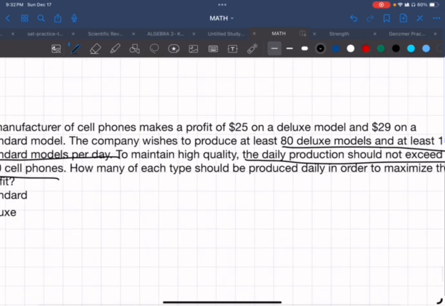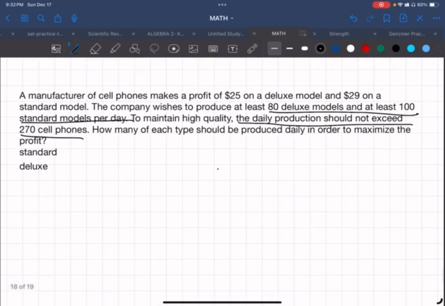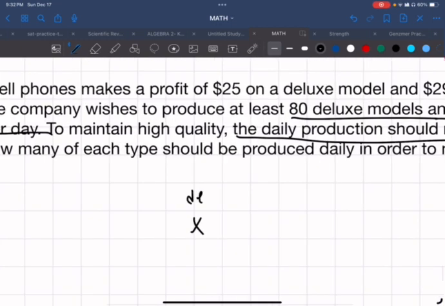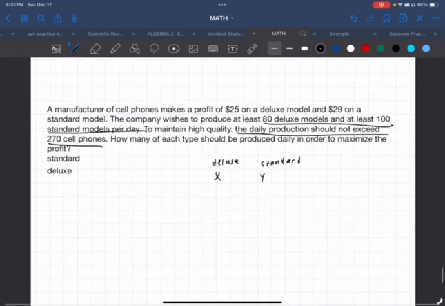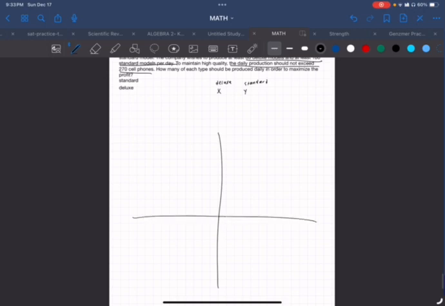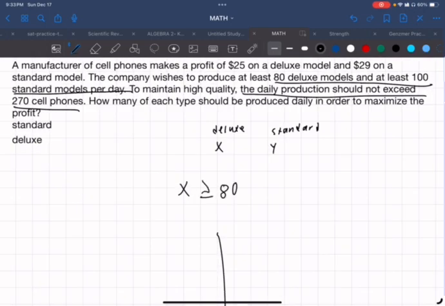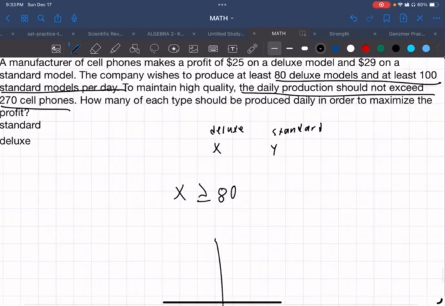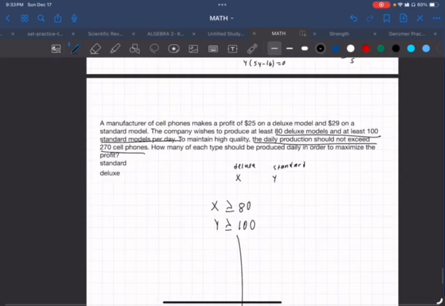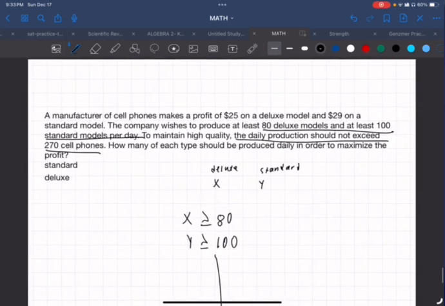I'm going to graph this to solve it, and x will be deluxe, y is standard. So at least 80 deluxe models, at least 100 standard models, and the daily production should not exceed 270 cell phones.